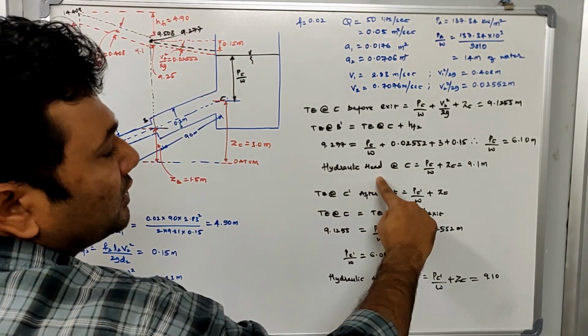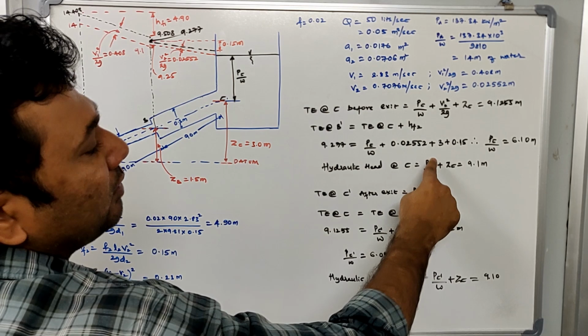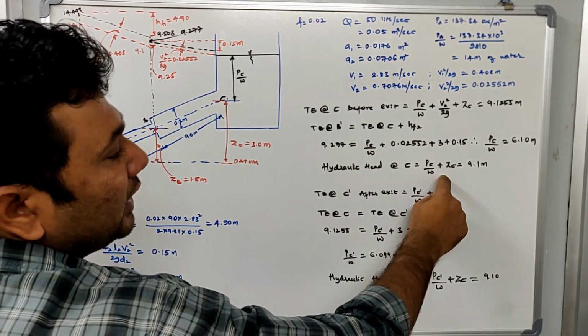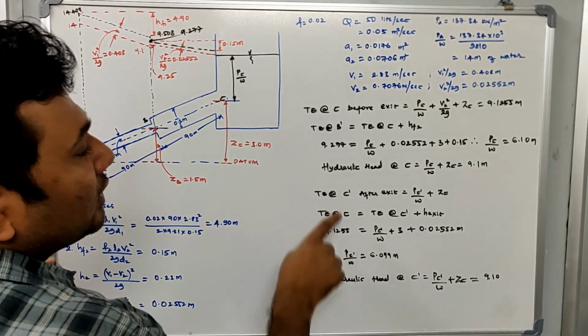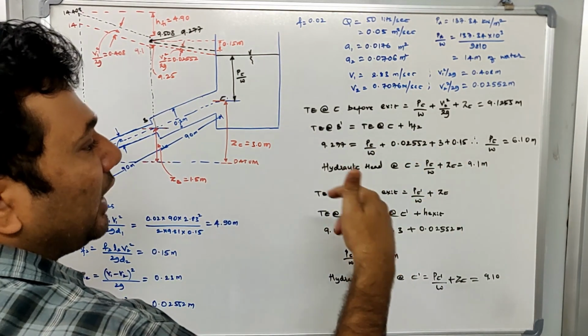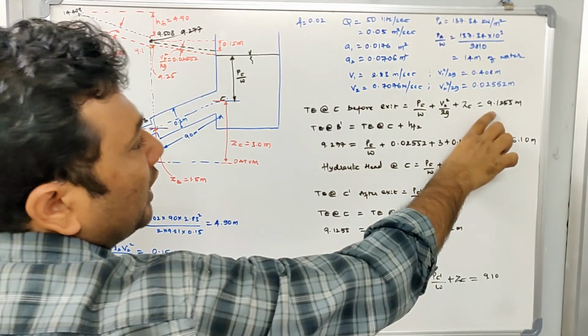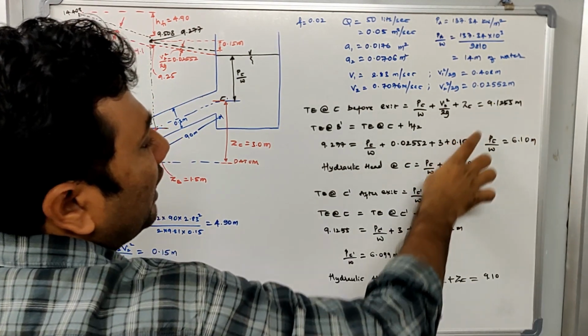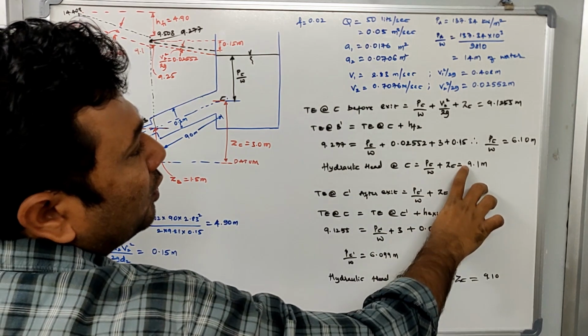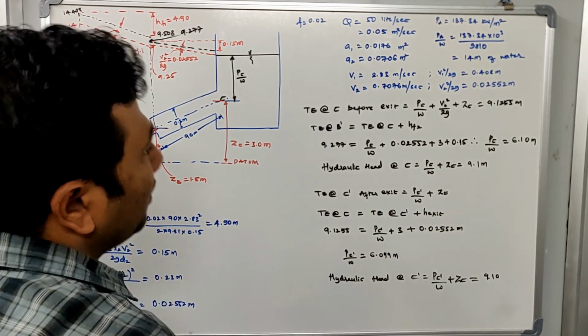Now from this we calculate how much is the hydraulic head. Hydraulic head at C will be equal to PC by W plus ZC, which is equal to 9.1 meter itself. Okay. So once you calculate the total energy and hydraulic head, the total energy at C is 9.1255 and hydraulic head will be equal to 9.1 meter itself. Okay.